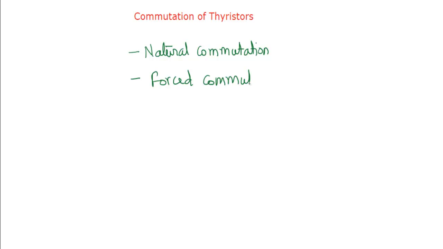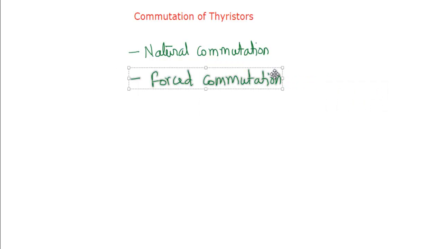One is natural commutation, another one is forced commutation. Okay. Natural commutation and forced commutation.